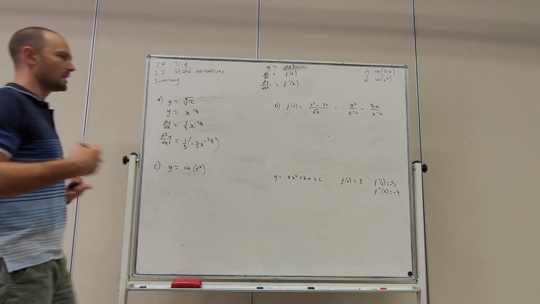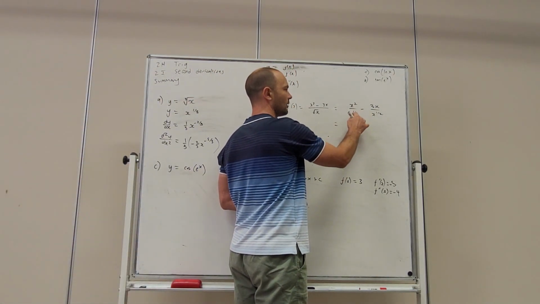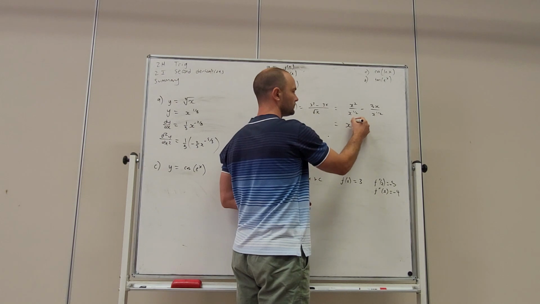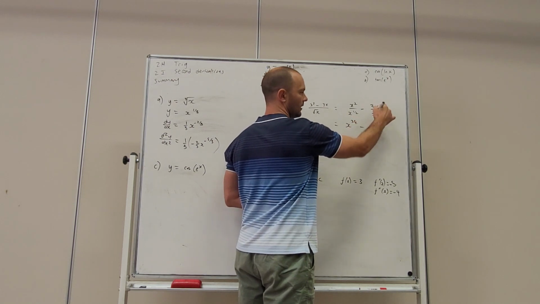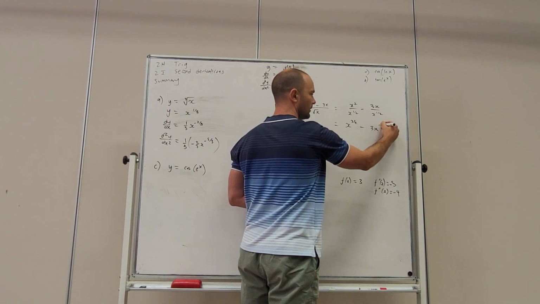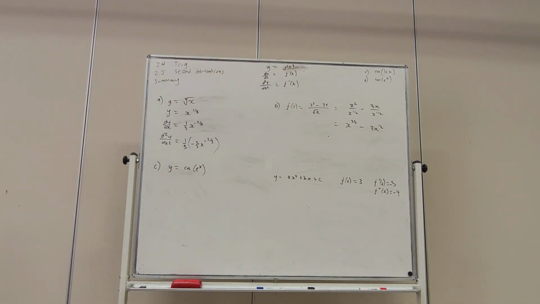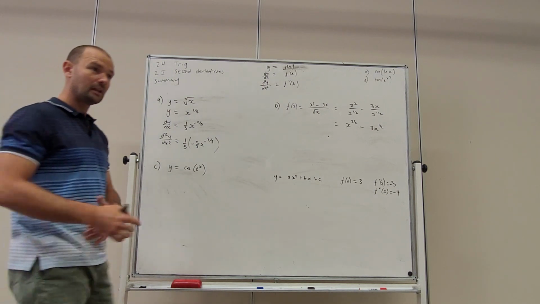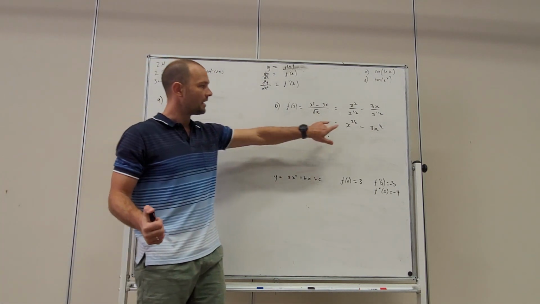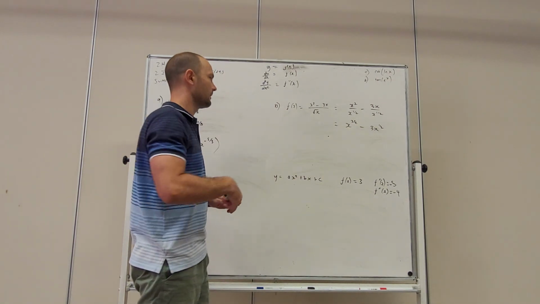And now we'll use the index laws to simplify it. So here we have the top power, take away the bottom power, and the same here. That's going to be 3 lots of x to the power of 1, take away a half, positive half. All right, so what we've done here is we've just expressed the function in a variety of different ways. And now that it's expressed like this, it is super easy for us to differentiate.